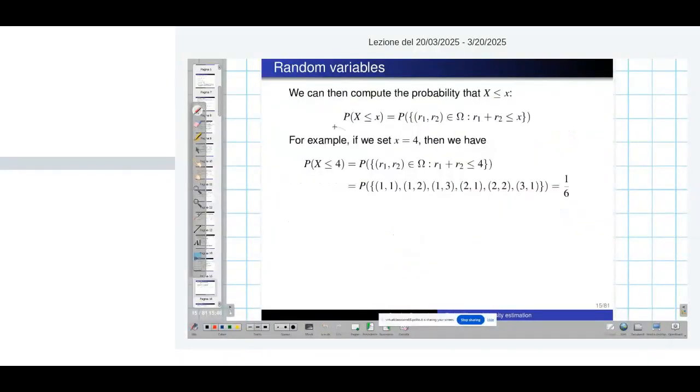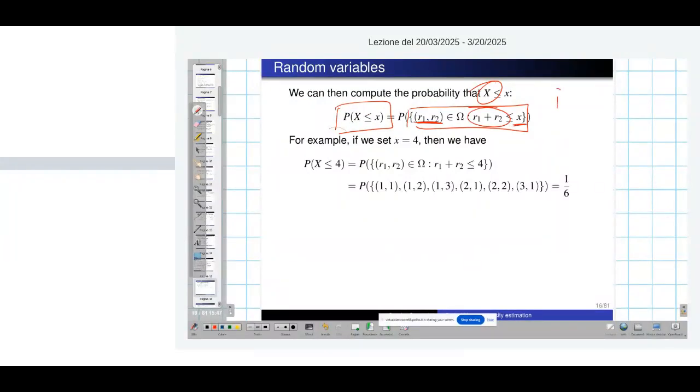For this random variable, it makes sense to ask what is the probability that the sum of the two dice is lower or equal than a given value. That is the probability of the event made up by all the outcomes for which the sum of the values, so the value of the random variable, which is a function, is lower or equal than x.